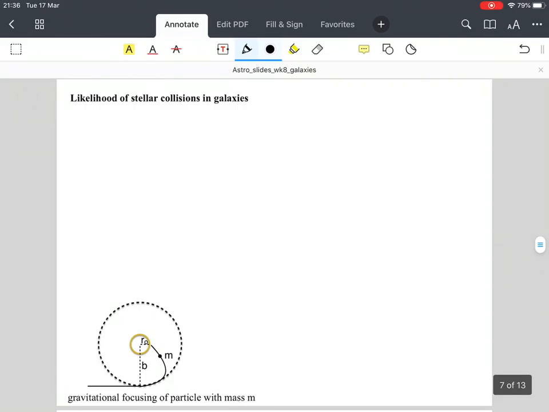And so if we now consider that, here we have a diagram on the bottom where we have a star that's moving from the left to the right, shown as a straight line, and just geometrically it should miss the star that's shown above as the yellow circle, but it will actually collide because it's just barely close enough that the gravitational pull between the two stars causes it to change its direction and then fall into the other.